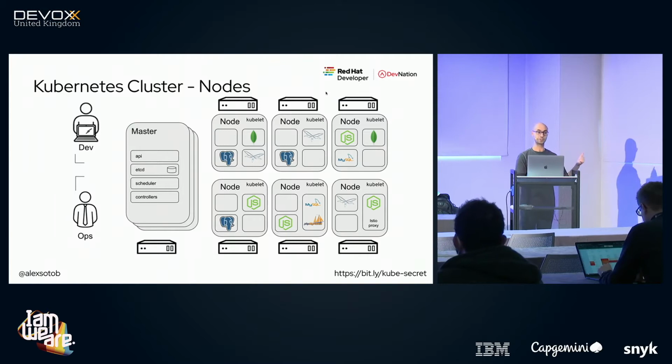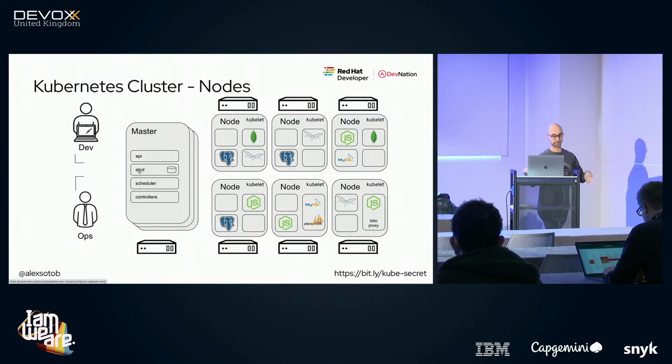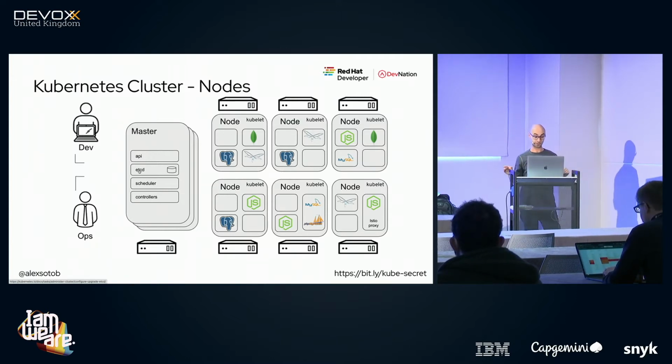You see that there is the kube-apiserver. There is an etcd, which at the end is like a database. There is a scheduler, which tries to find a node and schedule the workloads or pods. And then there are the controllers that validate that all the infrastructure is working as expected. Usually the developers and the operations communicate with the primary node.